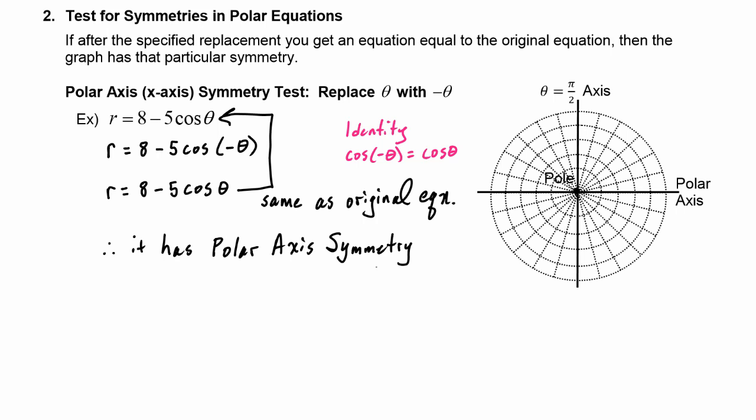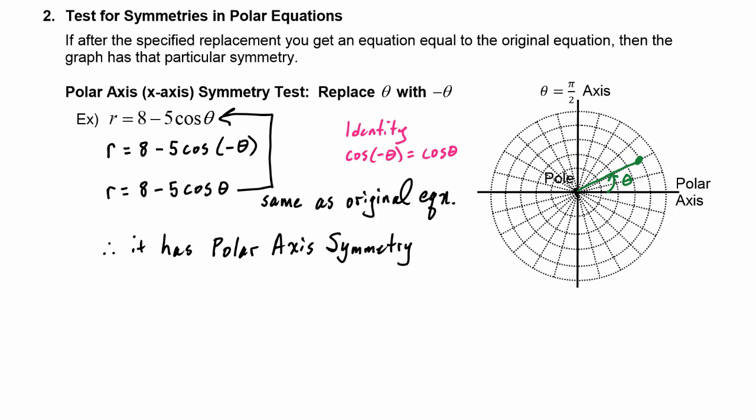So what that means is, say we had a point over here on the graph, and maybe it is right here. And it would be at some angle, which is theta.